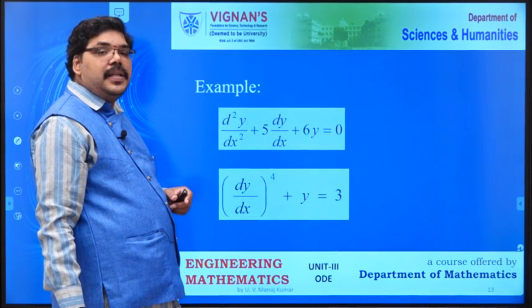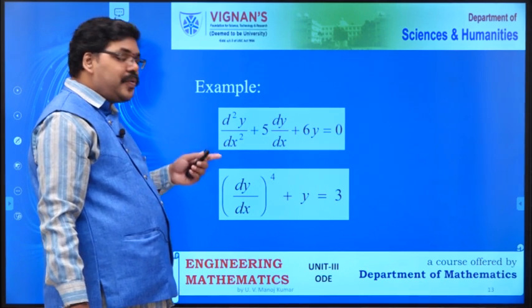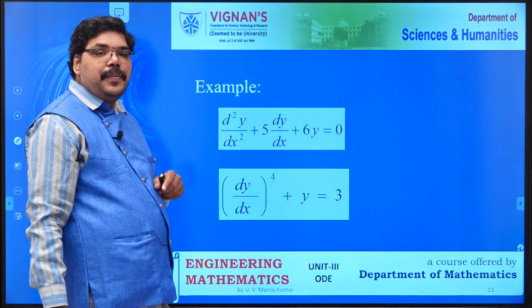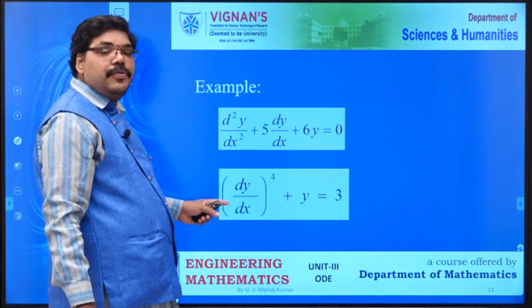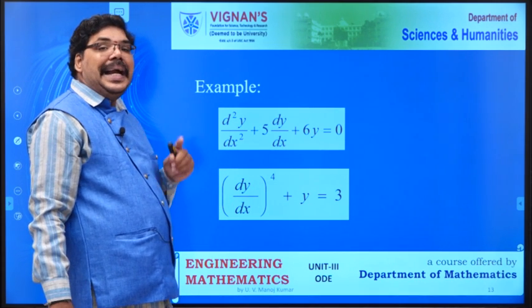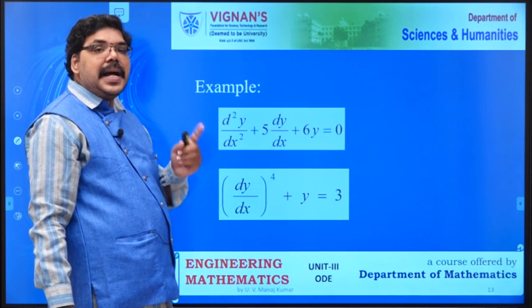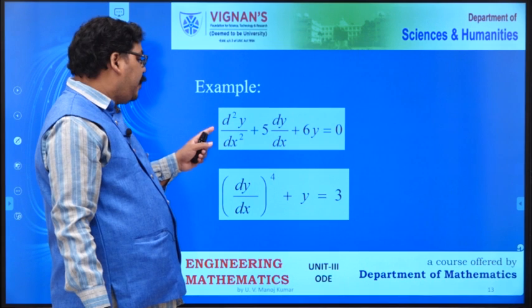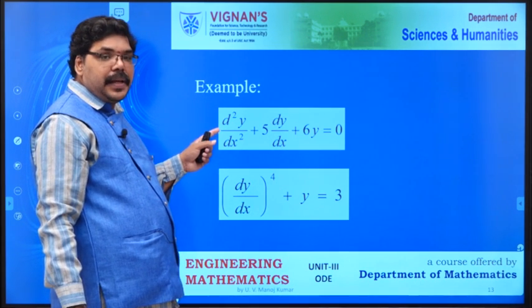Tell me the order and degree of this differential equation and this differential equation. These are examples we have already seen when discussing order. This is second order, this is a first order differential equation. What about the degree? Degree is the highest power of the highest ordered derivative. In the first example, the highest ordered derivative is d square y by dx square.